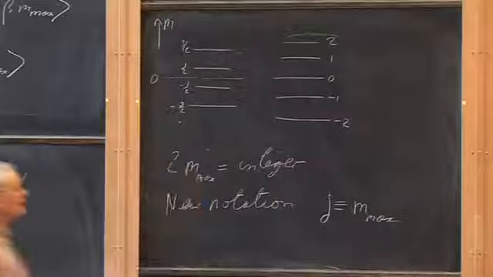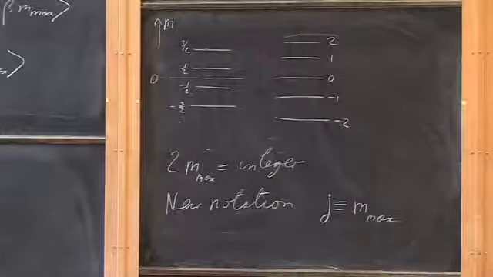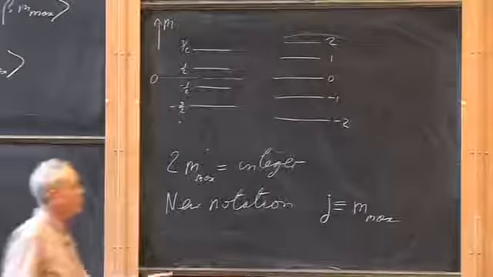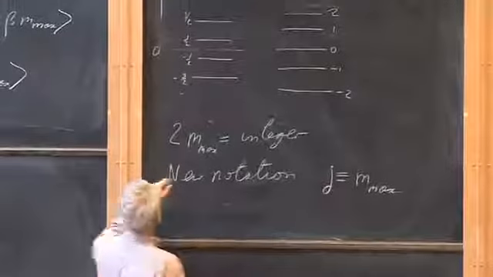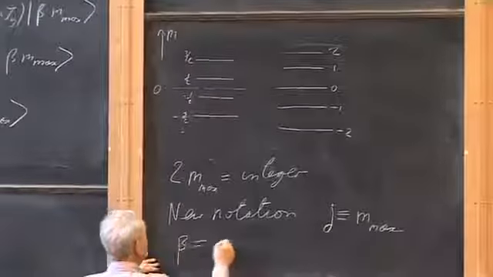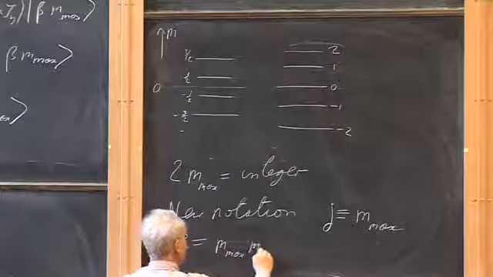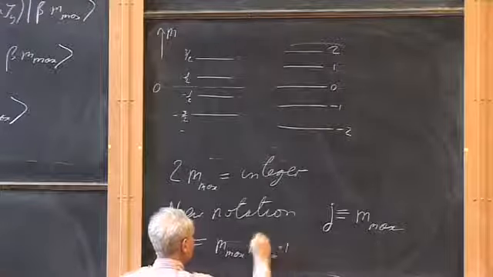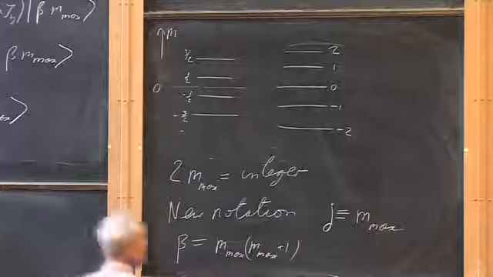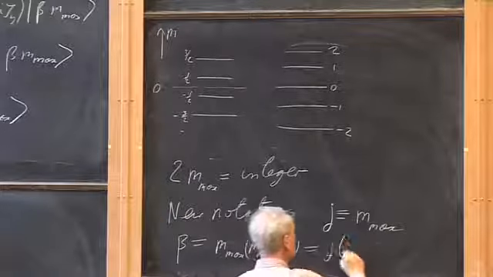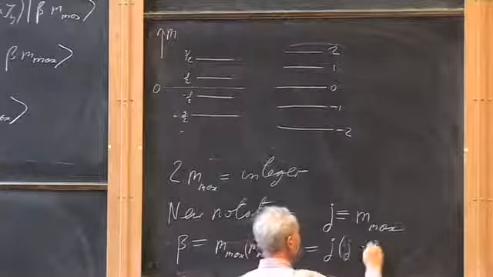The biggest value of M is called J, little j. And what have we got? We've got that beta is equal to M max plus 1, that's on the board just here, is therefore equal to j plus 1.